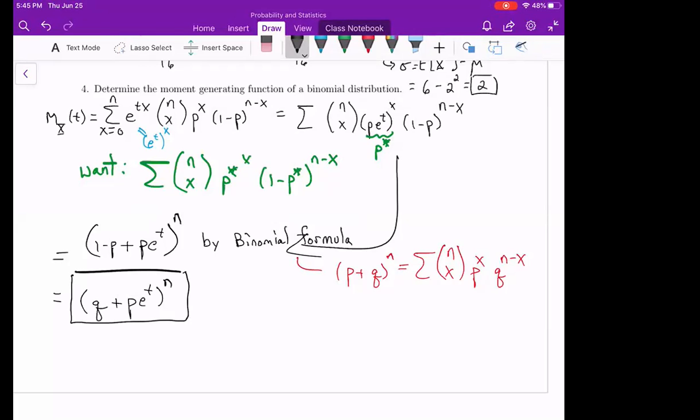This is one of the few distributions where you'd have to make use of this trick of the binomial formula. It's not a common one, which is why I'm showing it to you instead of putting it on a quiz, because it's not something I'd expect you to think up. But that's where it may be useful to make use of it.